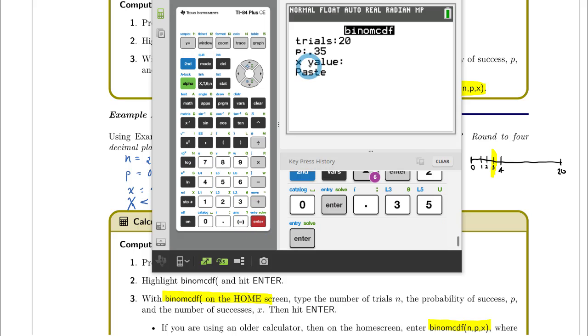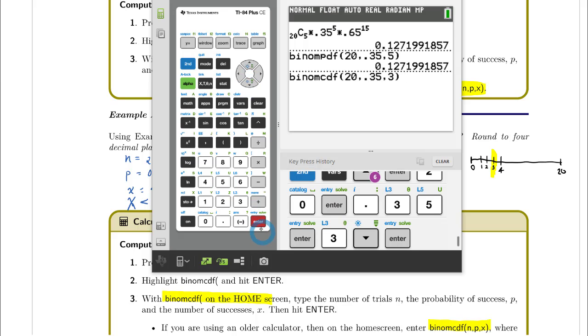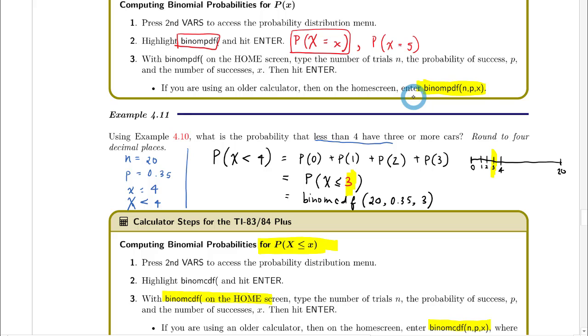And now this x value will be that barrier where it says include the 3 and every integer less than, every whole number less than, right? 3, 2, 1, 0. And hit enter. And we get a probability of 0.0444, or 4.44%.